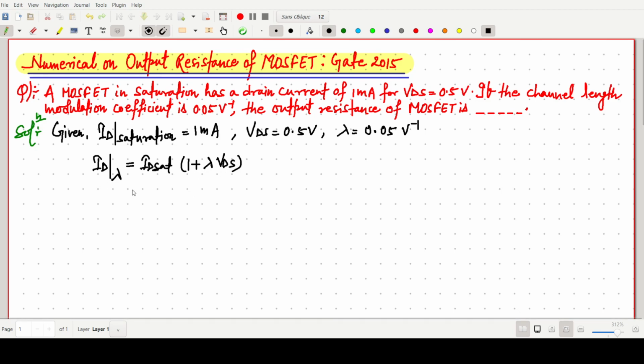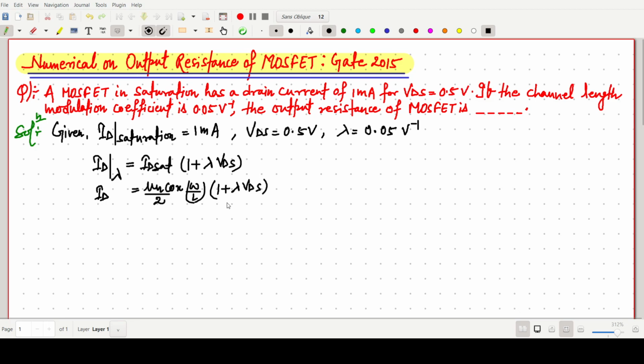In general, it is mu n Cox by 2 times W by L times (VGS minus VTN) whole square times (1 plus lambda VDS). Both are the same, so we can simply write it as ID.